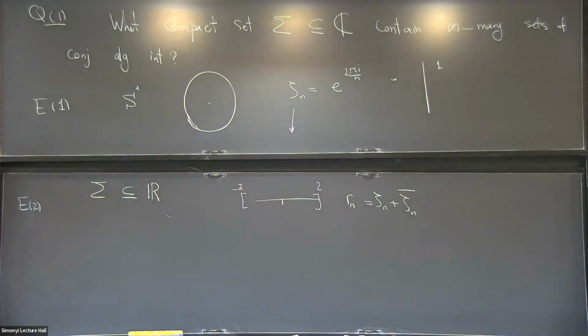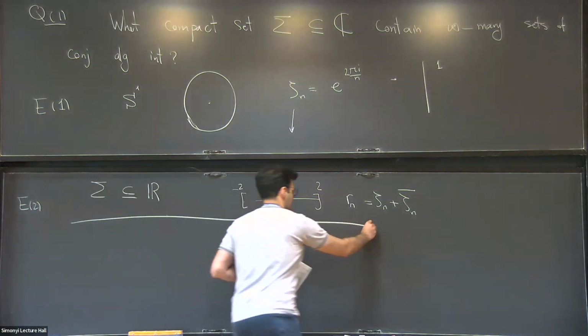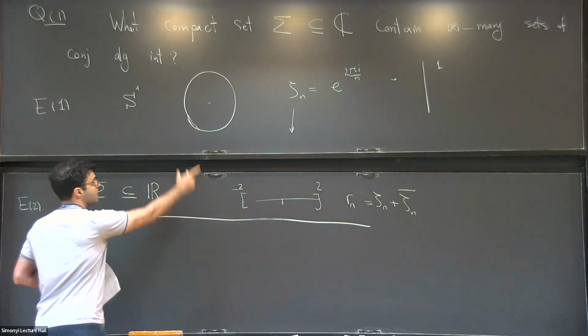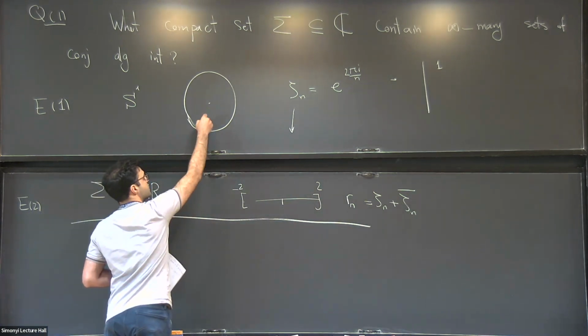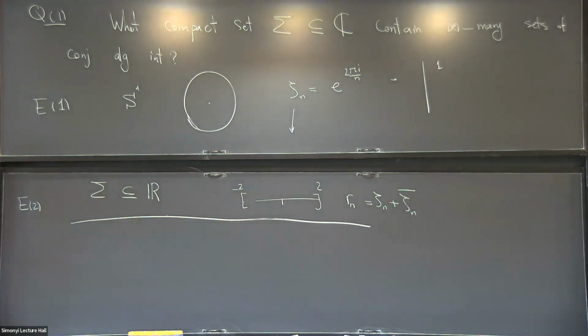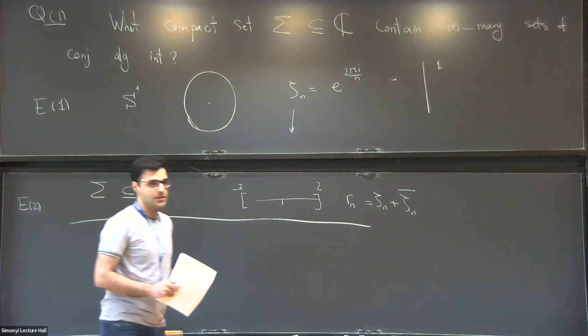Both of them contain infinitely many, but what Fekete proved was that these are minimal sets, meaning that if you shrink this circle, or this interval, into any smaller one, then you only have finitely many sets of conjugate algebraic integers.